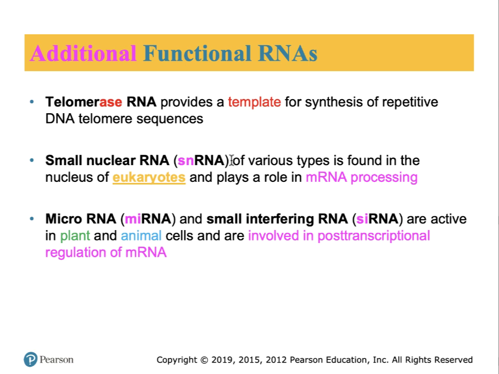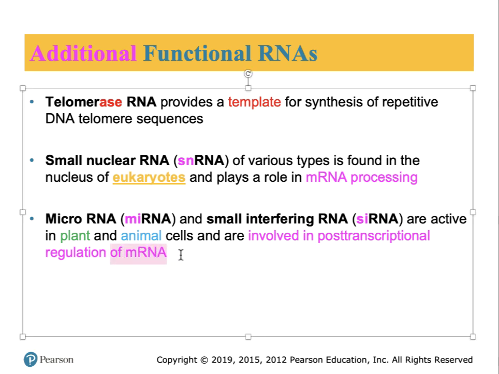These small nuclear RNAs are again only found in the nucleus of eukaryotes and not in prokaryotes, and they have a role in messenger RNA processing, this post-transcriptional processing that we spoke about. Additionally, in plants and animals, but not other types of eukaryotes, we find micro and small interfering RNAs, so miRNAs and siRNAs. And these are involved in more regulatory types of processes where they control the activity of messenger RNA in a pretty complex way that we'll get to in the future.